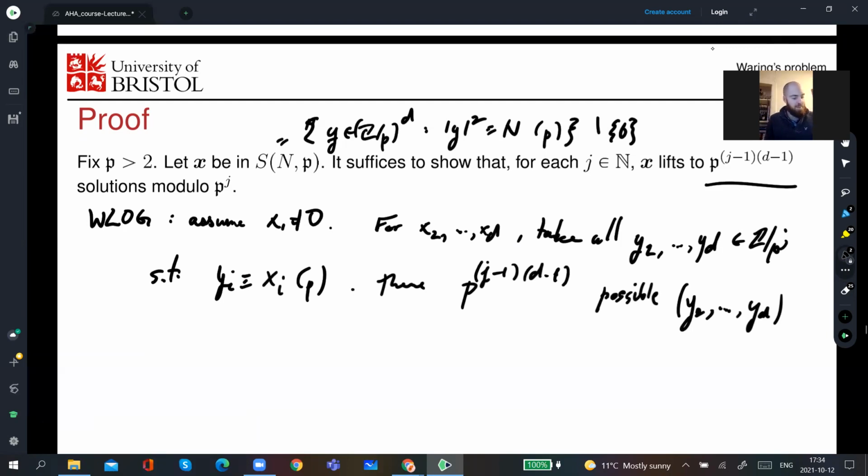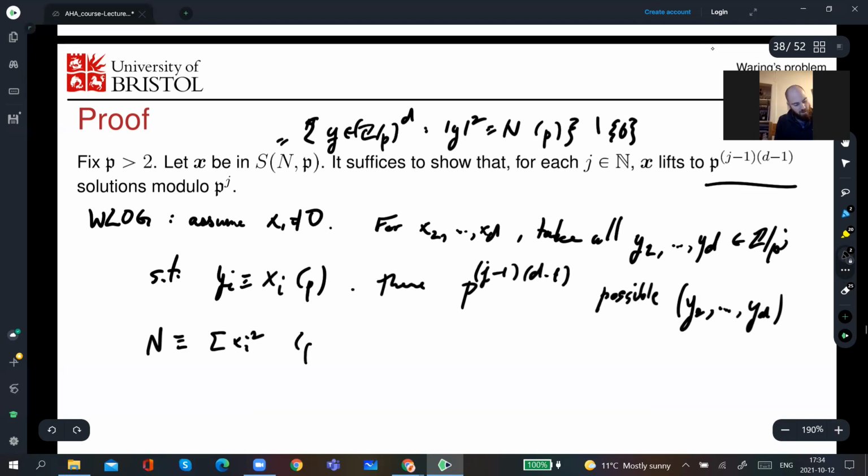Great. Now what does that mean? That means we just need to find some lift of x1 that still satisfies our equation, but our equation now takes the form that is mod p to the j instead of mod p. So we had before that n is congruent to the sum of xi squared mod p, which is equivalent to, of course, n minus the sum from i equals 2 to d of xi squared equals x1 squared mod p.